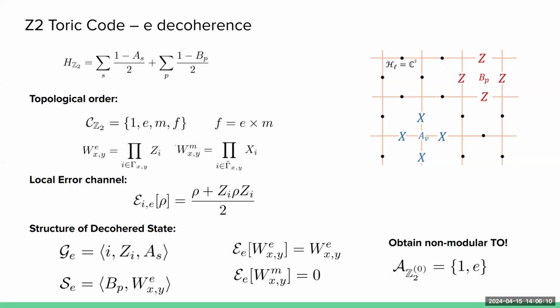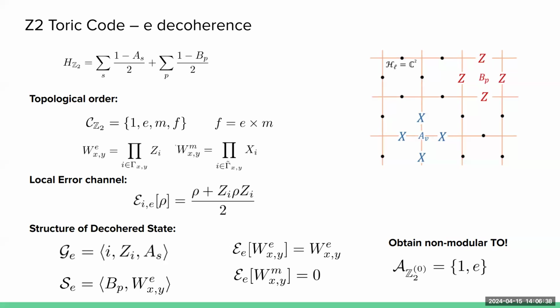And so using the structure that I just outlined, we don't need to worry too much about the structure of the subsystem code. The key point is that because this Z anti-commutes with the star operator, the stabilizer group of rho will consist purely of closed loops of the electric excitation. Put differently, this decoherence channel projects out all the magnetic Wilson loops, but leaves behind unchanged the electric Wilson loops.